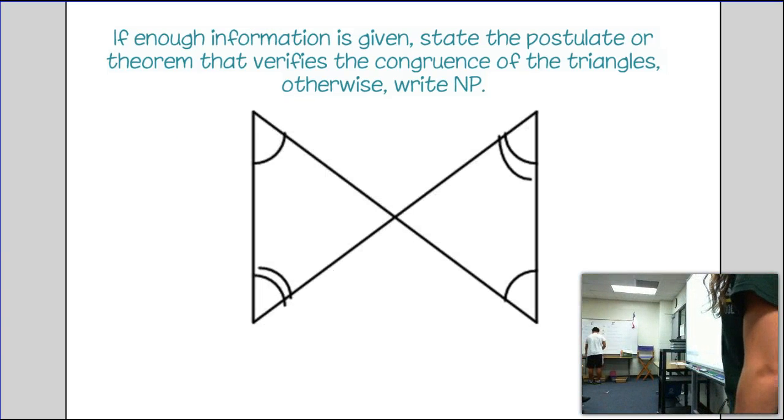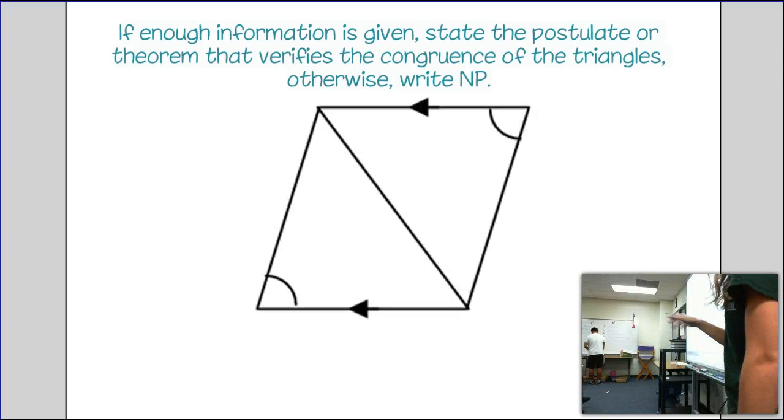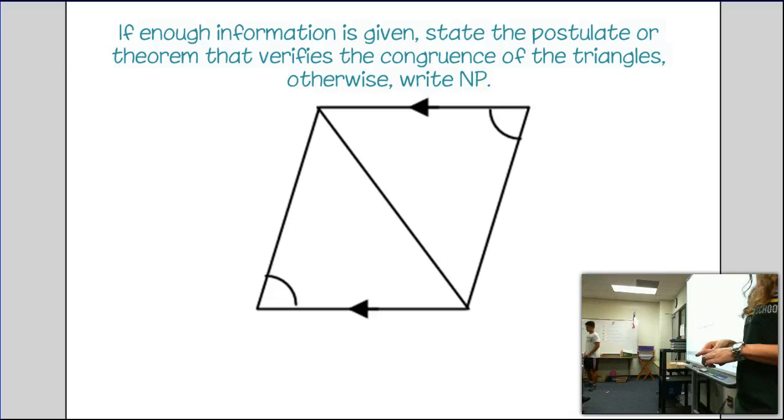Not that one. Let's do that one. Because I think y'all need work with parallel lines. It's just confusing. Very good, Jack.